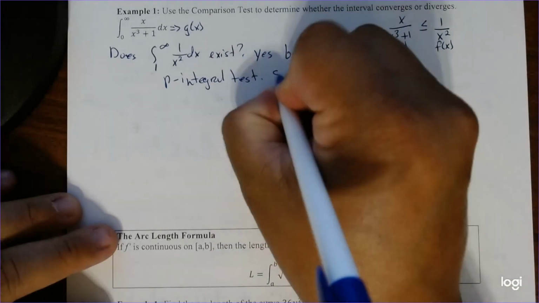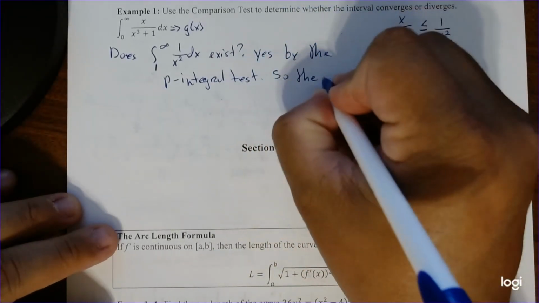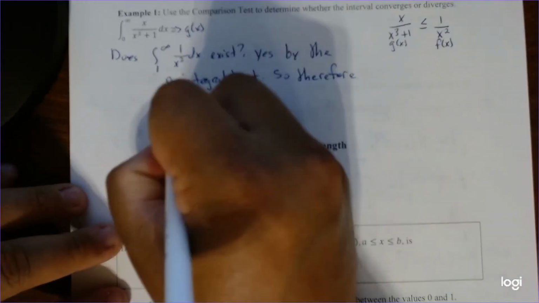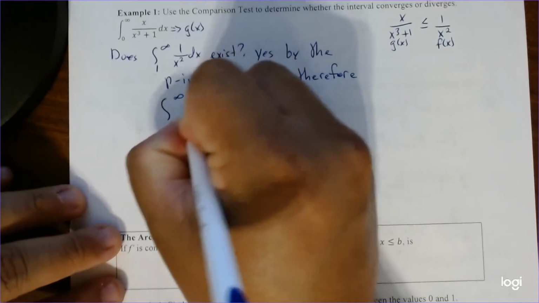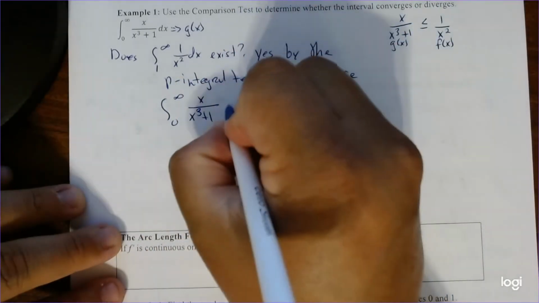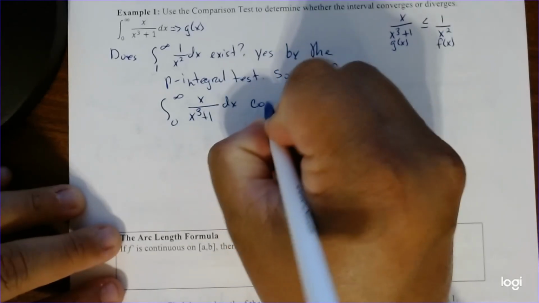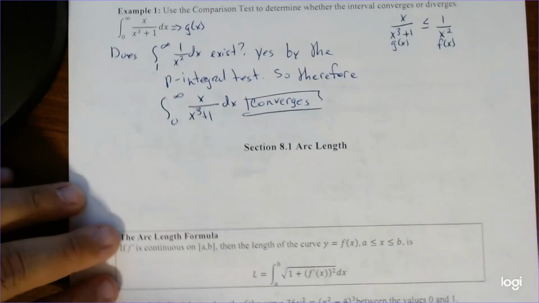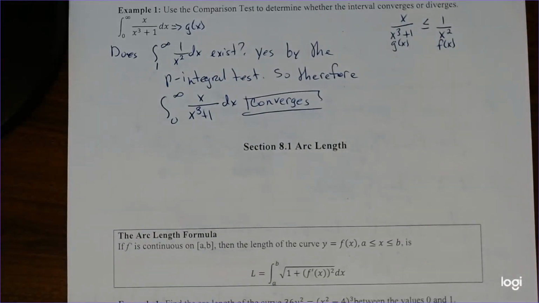So therefore, the integral from 0 to infinity of what we started with, which was smaller than what we had, converges. Now, we don't know what it goes to, but sometimes it is literally impossible to find it.